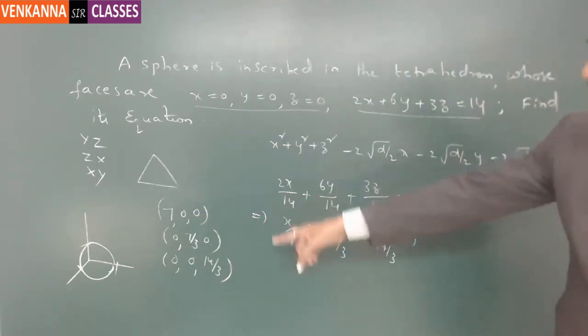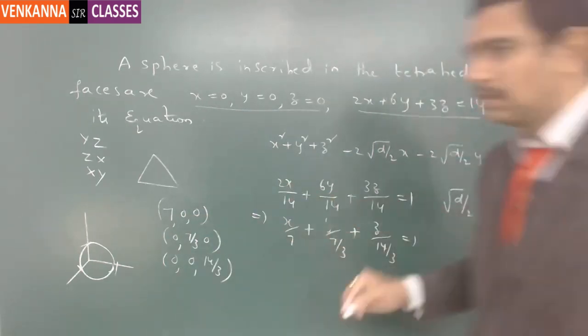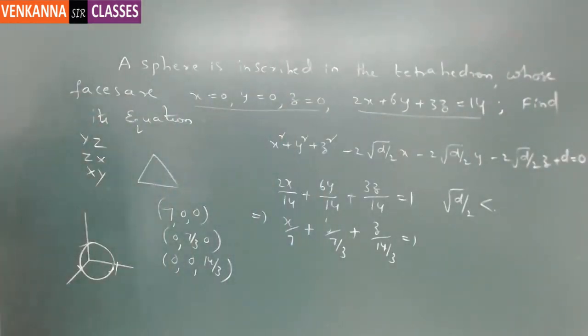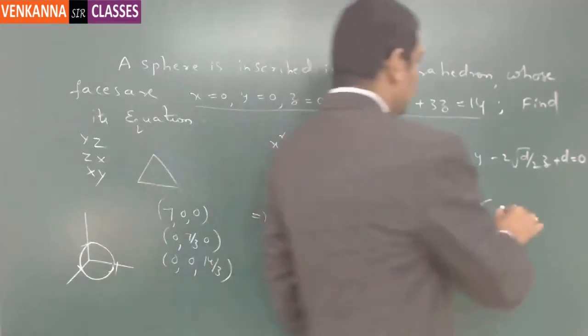Among the 3 intercepts, which number is small? One number is 7, one is 7 by 3, one is 14 by 3. Among the 3 things, which one is small? 7 by 3, isn't it? Yes or no? So root d by 2 must be less than 7 by 3.